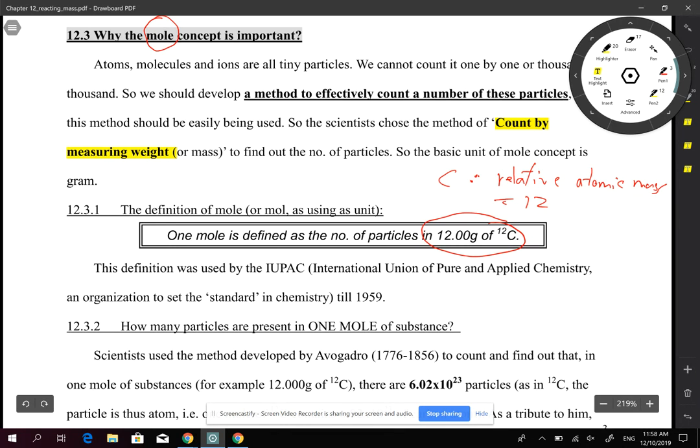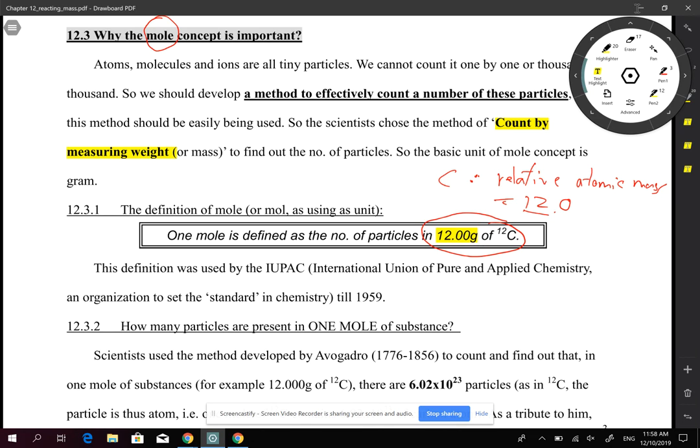Look at the two data. What is the difference? The relative atomic mass of carbon is 12 or 12.0, and 1 mole is 12.0 gram. 1 mole 即係12 gram 嘅 C。 What is the difference? The number is the same.